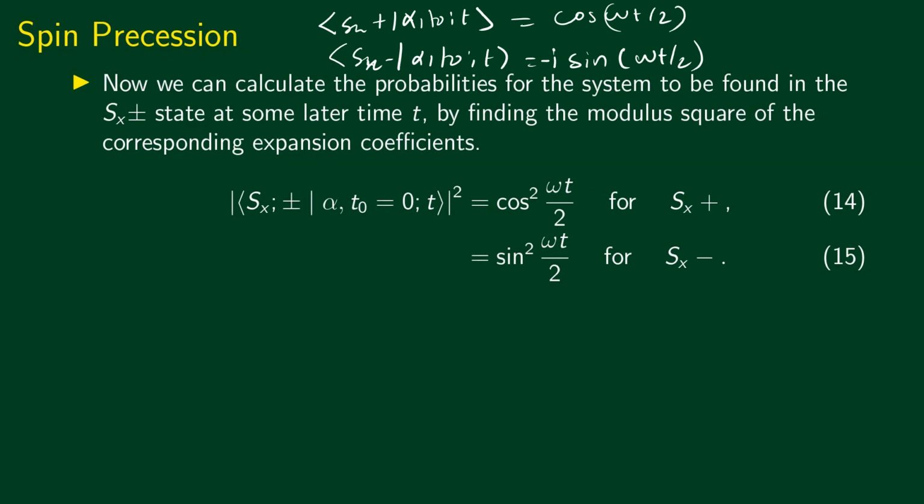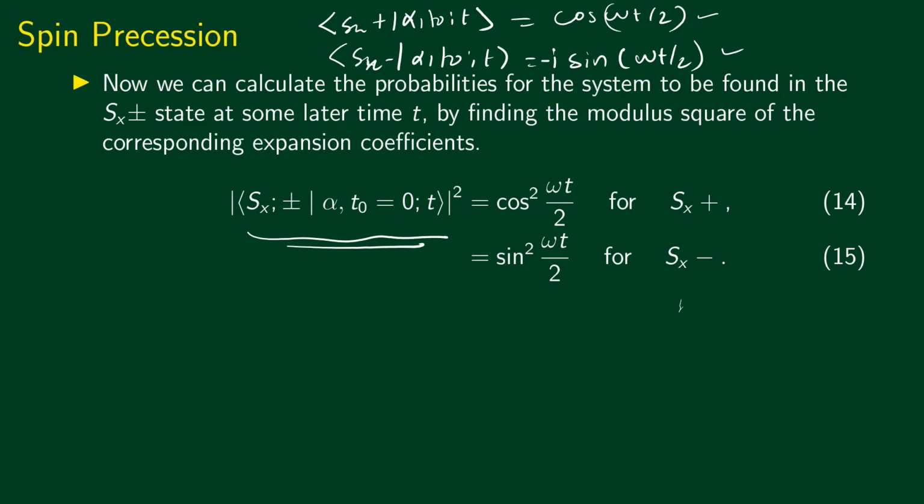Okay. We can find the corresponding probabilities by taking the modulus squares of these probability amplitudes. Okay, so you take the modulus square of this probability amplitude, you get cos squared omega t divided by 2 for measuring plus h bar by 2, and sine squared omega t divided by 2 for measuring Sx minus. Okay, or sorry, for measuring minus h bar by 2 along the x direction.